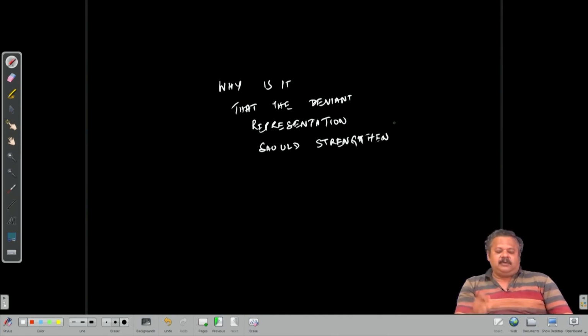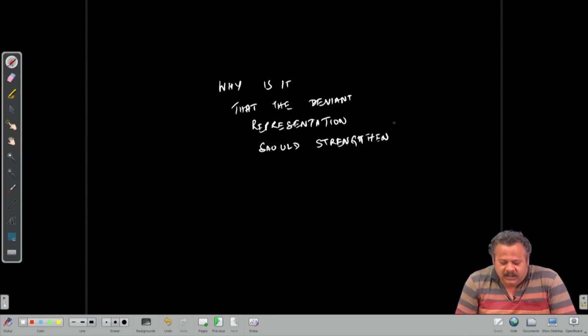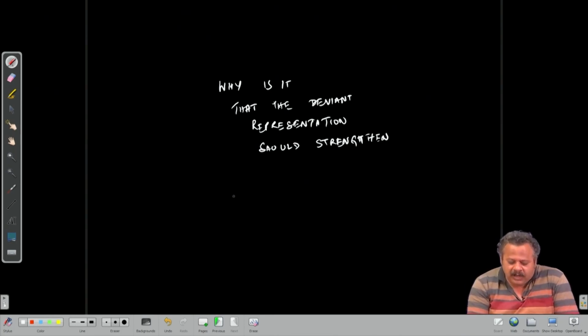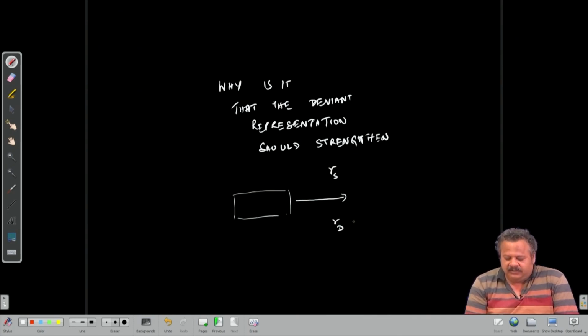So this problem can be formulated in this manner, that you have a neural system and there are responses of the output, let us say the layer 4 neuron, that has responses to standard and responses to the deviant.